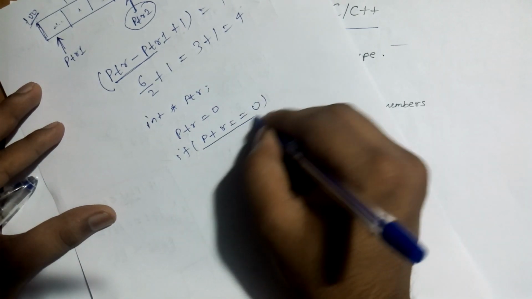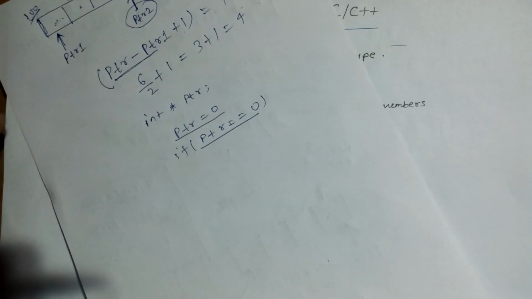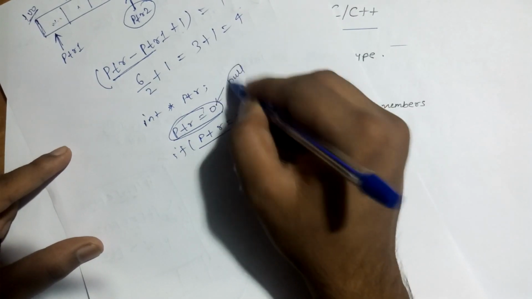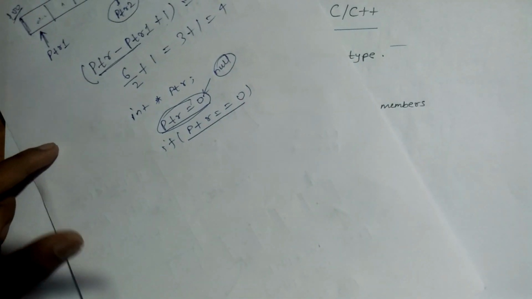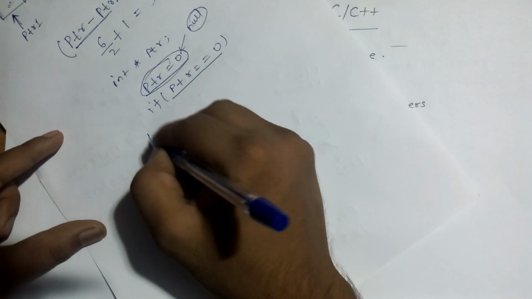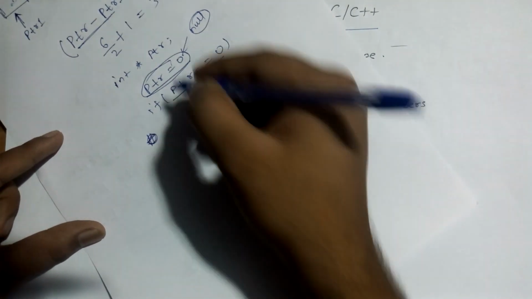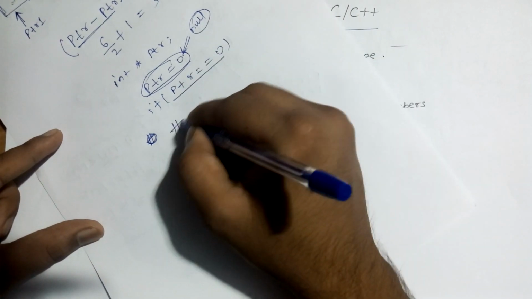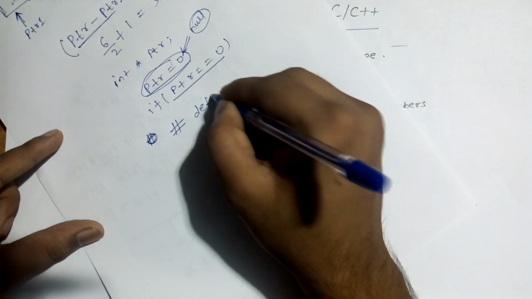Remember that you can't assign a pointer any other value, the only special case is 0. 0 means null. But according to the standards of C and C++, it's better not to use 0. Instead you should use NULL, and in stdio.h they have already defined NULL as 0.